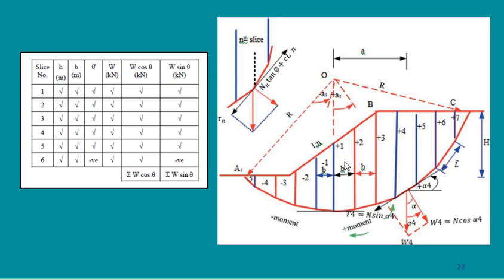From the weight, I get the components. The weight is vertically down, so I have to resolve this force into two perpendicular forces, one tangential and one perpendicular to the base. Once I get this tangential force, this will be my driving force, and then I have the friction from the soil below.